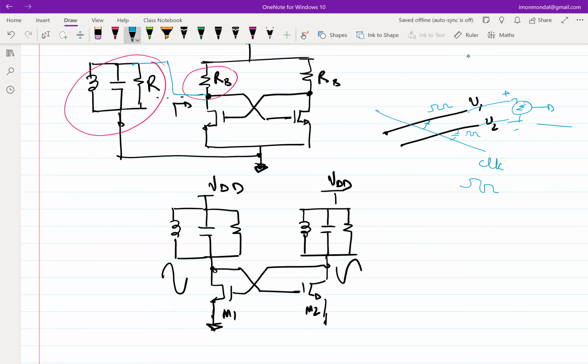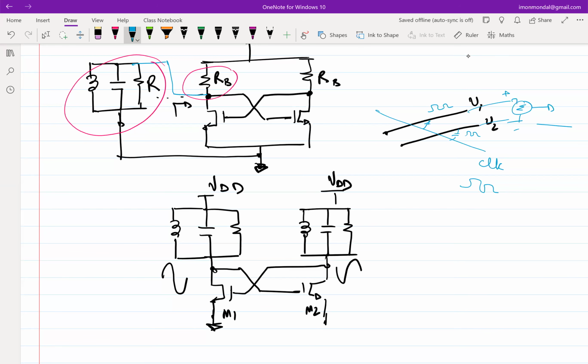For differential signaling, what you need to ensure is that V1 and V2 are in opposite phases, because you do not want to also cancel out V1 and V2 by taking a difference. So every line inside your chip, if you can have a corresponding opposite phase running parallel to it, and you take the difference, then it becomes immune to any common excursions that happen in both the lines.